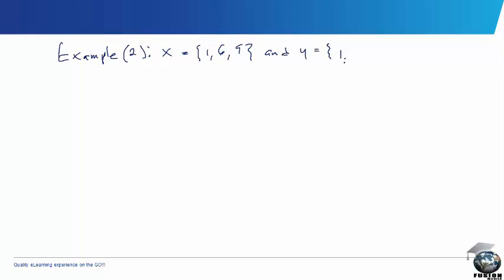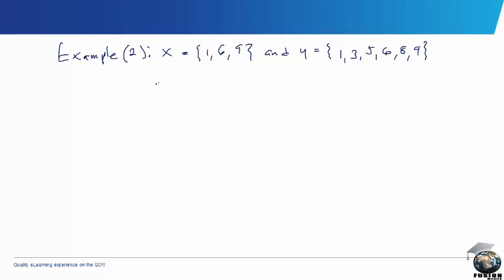We can take another example to illustrate this better. Example 2: a set X with elements 1, 6, 9, and a set Y having elements 1, 3, 5, 6, 8, and 9.